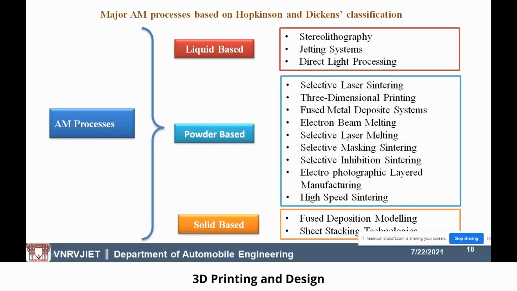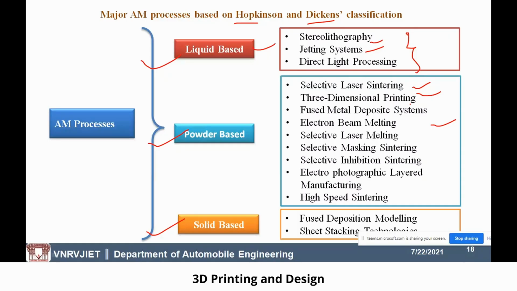The 3D printing process is basically classified into 3 types: liquid based, powder based, and solid based. This classification is given by Hopkinson and Dickens' classification. Under each classification, there are different processes. You can see here stereolithography, jetting, and digital light processing. Similarly, for powder-based, the mostly used processes are selective laser sintering, laser beam process, and three-dimensional printing.